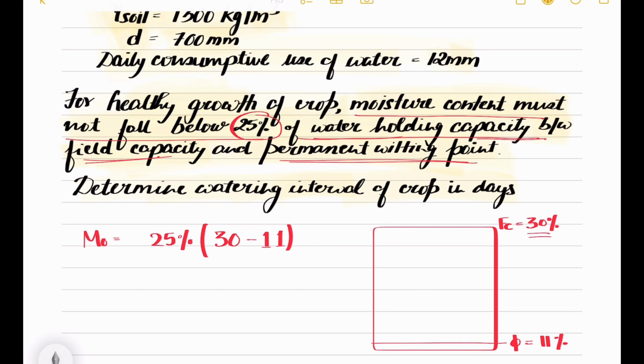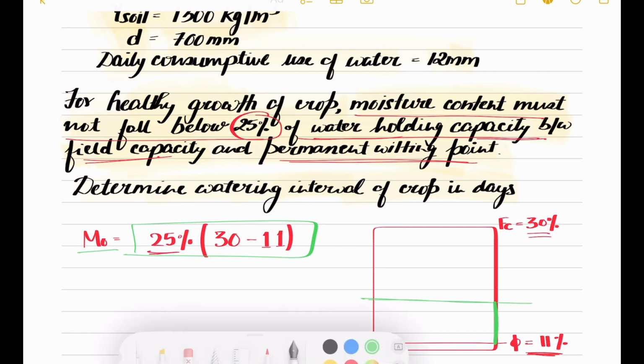All right. So the moisture content should be greater than this value. How much greater? Greater than the wilting point, right? So whatever value we get from this expression, it should be this much above the permanent wilting point.